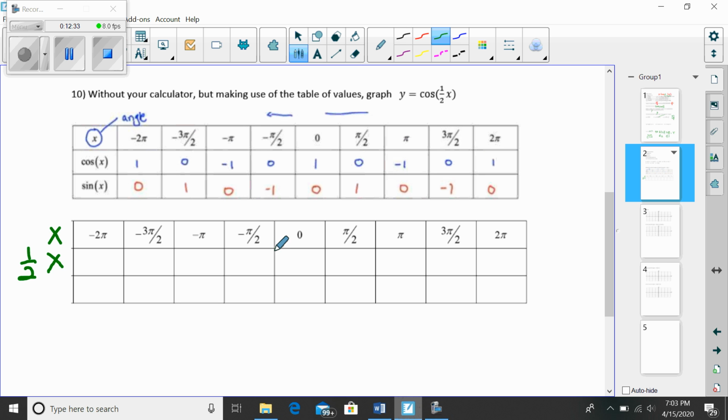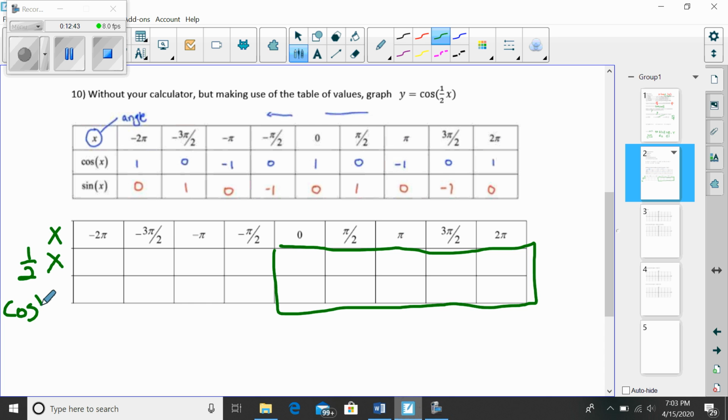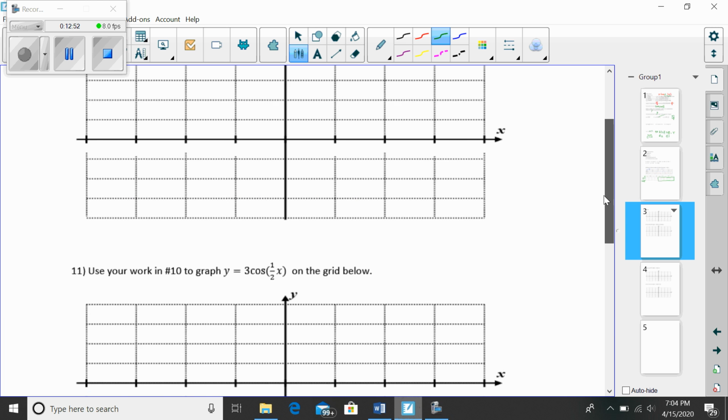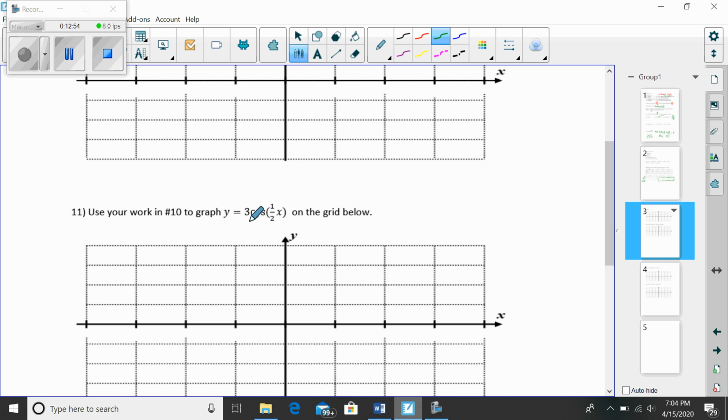And maybe just like I did in the notes, maybe we only focus on this part. Okay, and then find cosine of half x, just like I had done in the notes. You're going to graph that first, and then in the next graph, you're going to take the graph that you did in number 10, and you're going to increase the amplitude to 3.